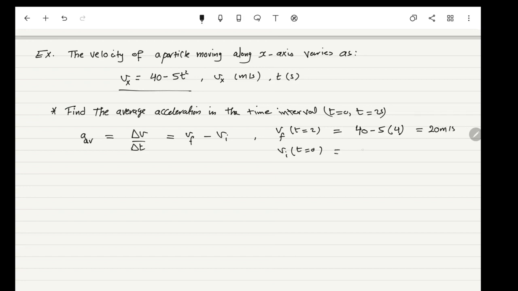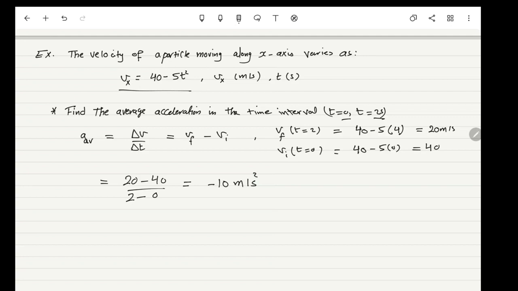Now when t equals 0, it's 40 minus 5 times 0, so it's equal to 40. So delta v here equals 20 minus 40 divided by the time interval, it's 2 minus 0. So it's equal to minus 10 meter per second square.